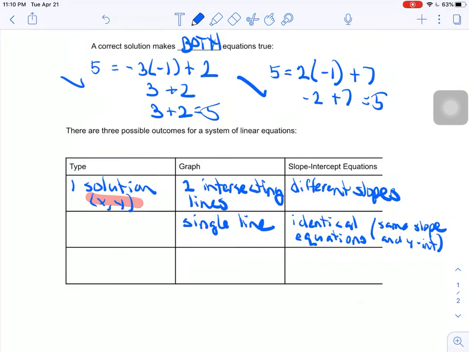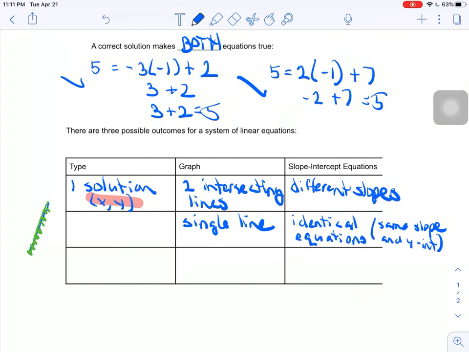We have to think for just a minute. We just said that the answer to a system of equations, or the solution, is where the lines cross or where the lines touch. So if I take a line and I put another line directly on top of that, the lines are touching everywhere. They touch here and here and here, and you could keep going. They're on top of each other. They're touching all the time.